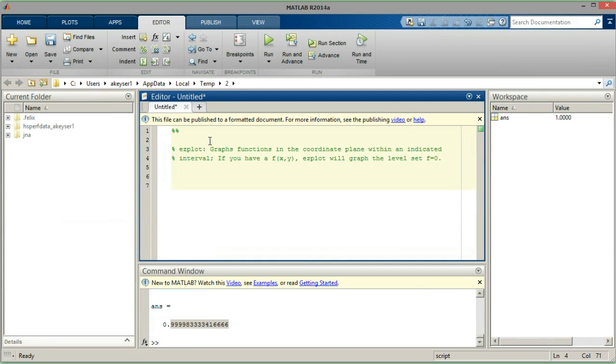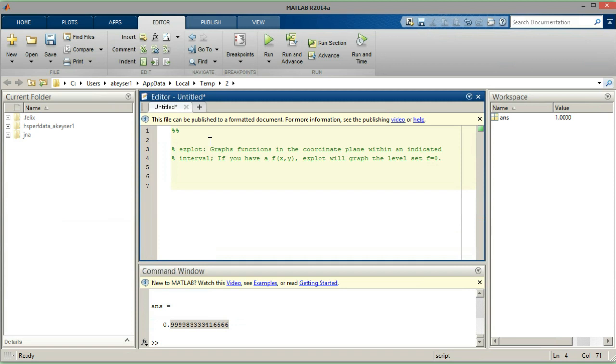The coordinate plane, if you recall, corresponds to the level f equals 0 given a 2 variable function like this. Okay, so that's very important when you're graphing these things.